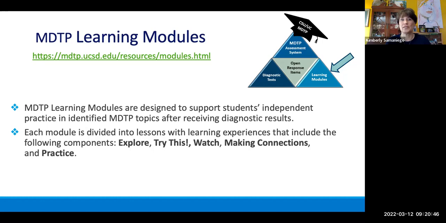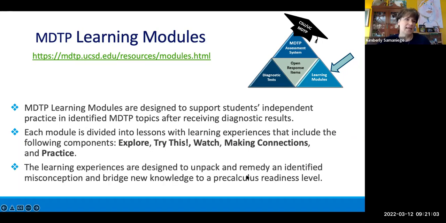These are all designed to be conceptually engaging for students, and not like an ALEKS type program where you see a lot of problems a lot of times and they practice a lot of problems and then they move on. These are more of a conceptual building. And like I said, we unpack the misconception, and we remedy it, and then we bridge it back.